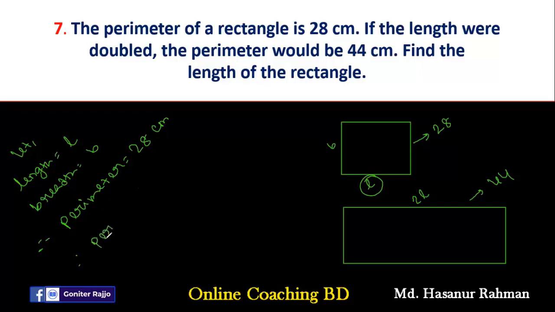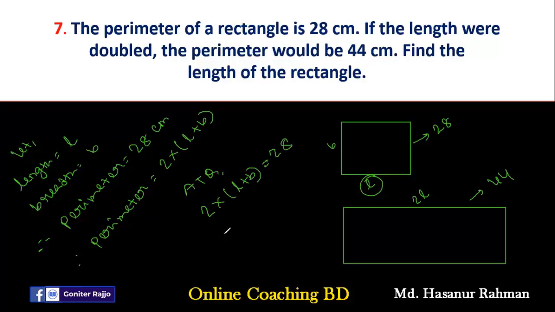So according to the question, 2 multiplied by (L plus B) equals 28. Now we divide by 2 on both sides. Then L plus B will be 14. This is the first equation.